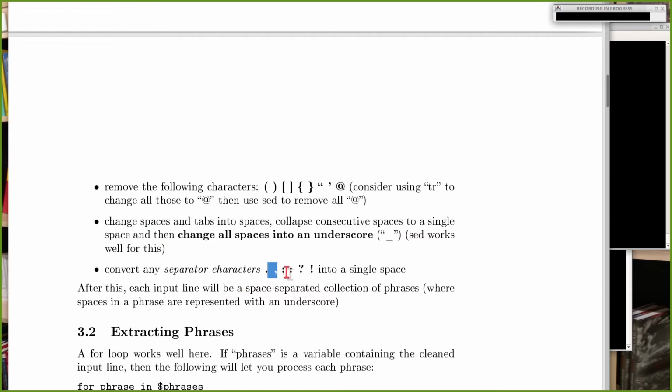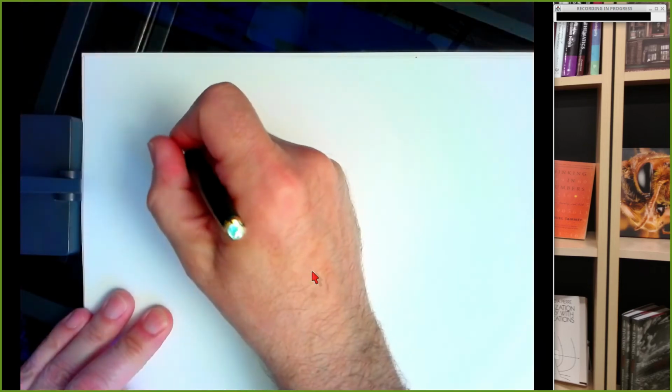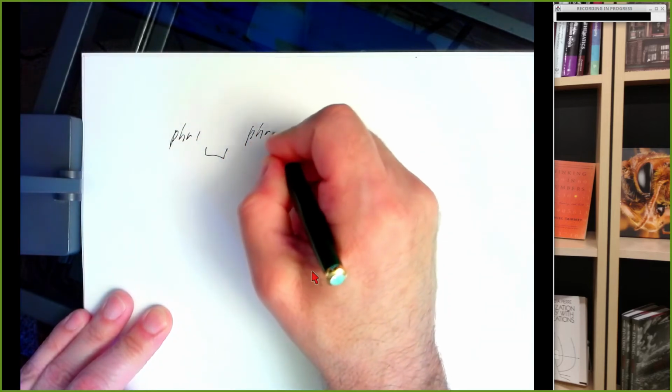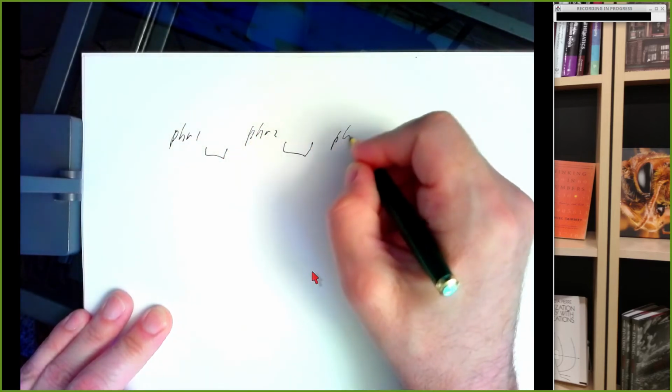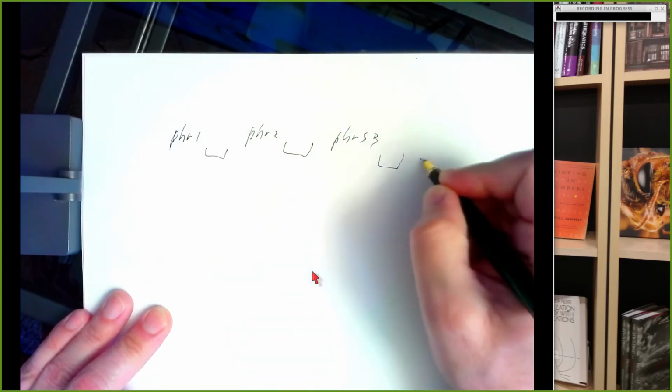But if there's a period or a comma or an exclamation mark, something that ends or begins a phrase, change that into a space. And now your input looks like, here's phrase 1, here's a space, here's phrase 2, here's a space, here's phrase 3, here's a space, and so on.